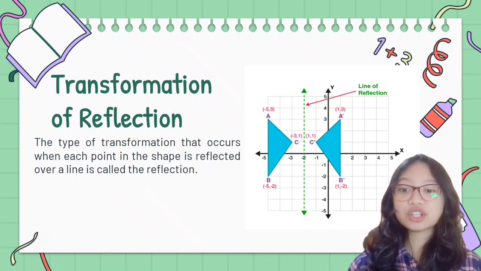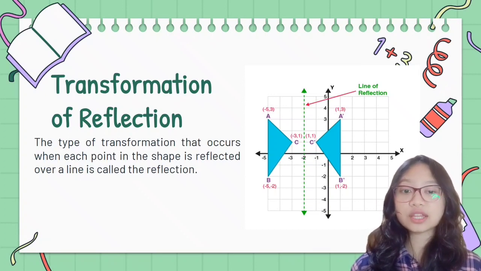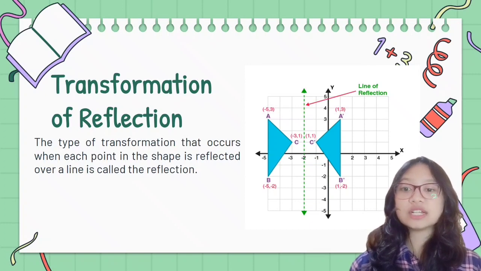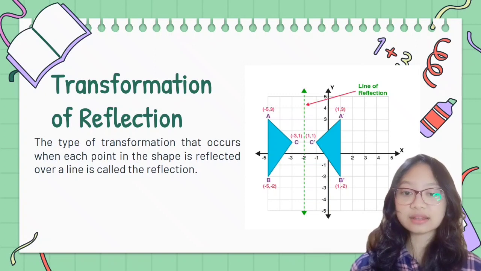In reflection, translation may also occur because of change in position. Here, the original image is called the pre-image, and its reflection is called the image. The pre-image and image are represented as A, B, C, and A accent, B accent, and C accent, respectively.